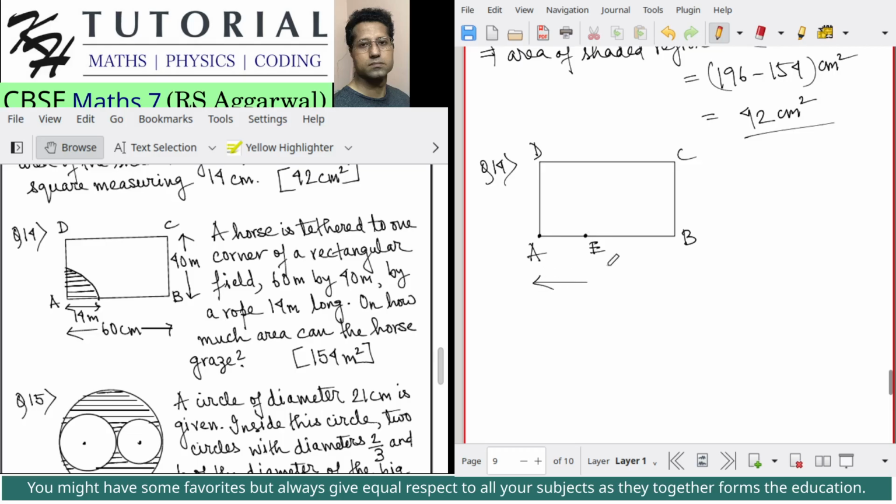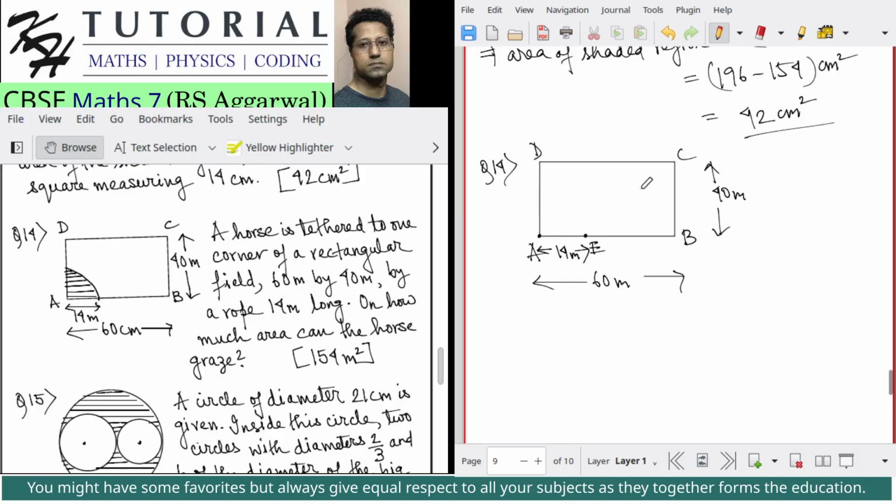The length of the rectangular field is 60 meter and the breadth is 40 meter, and the rope by which the horse is tethered is AE. This is 14 meter. On how much area can the horse graze?